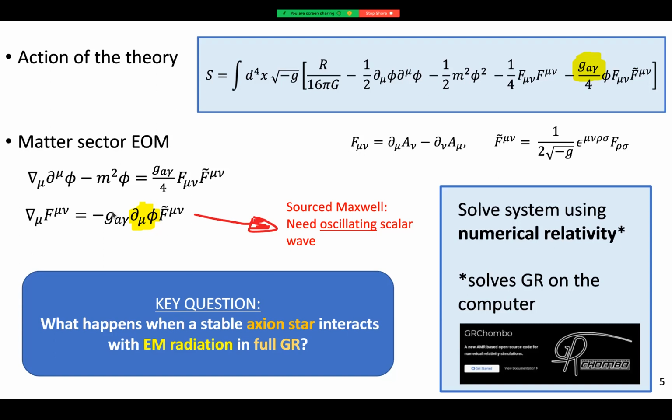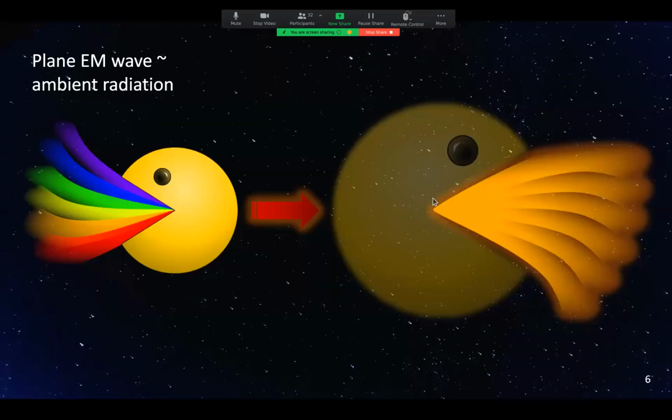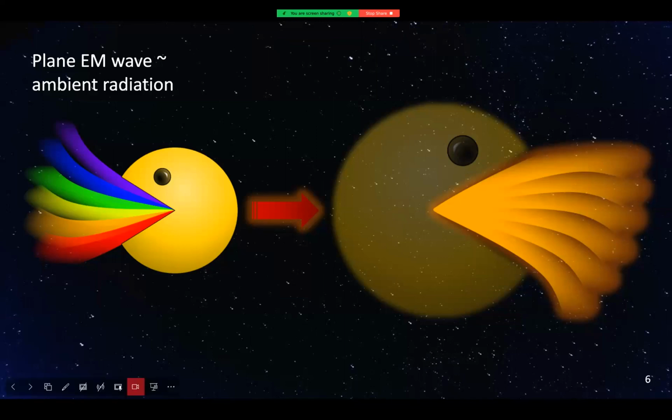Great. So essentially, what happens is this. Remember, I said wherever you see Pac-Man, think axion star. So now the little Pac-Man on the left is the star I start with. And as I told you before, I send this electromagnetic wave, which I model as a plane electromagnetic wave, going into my simulation box.